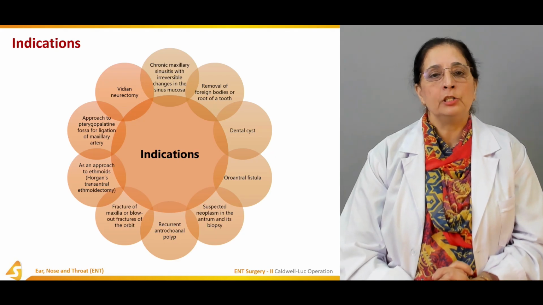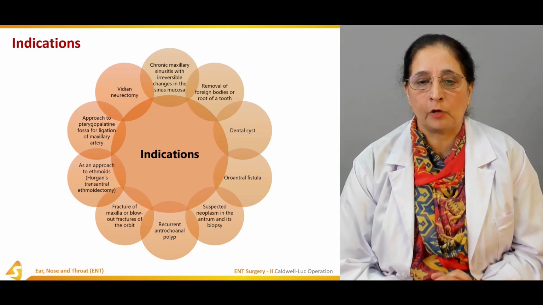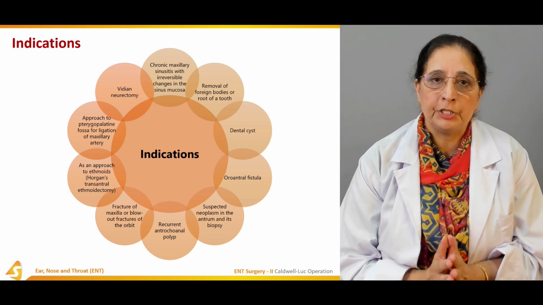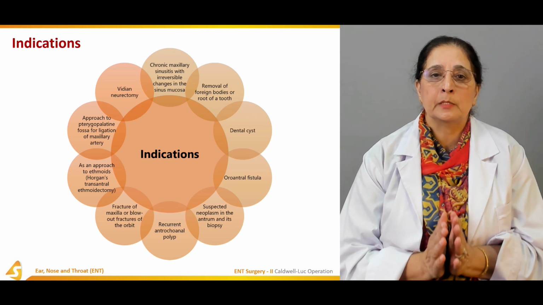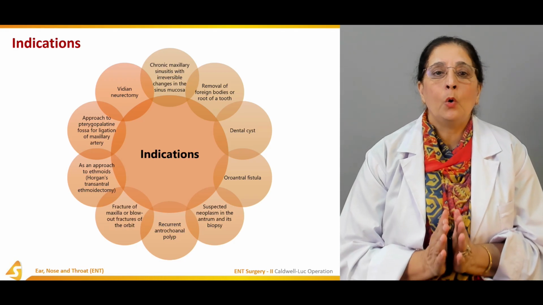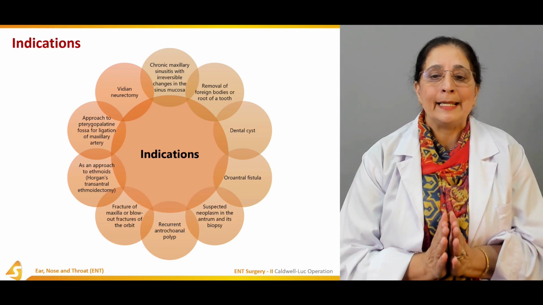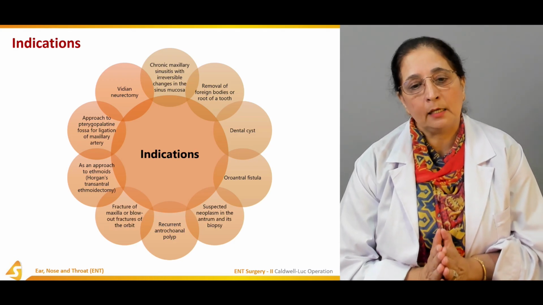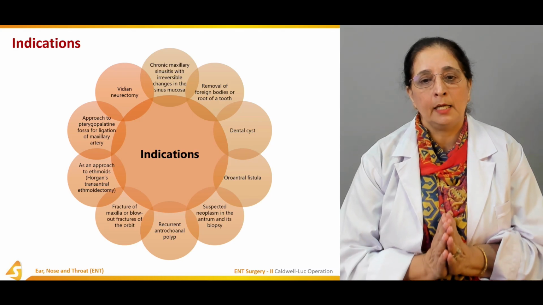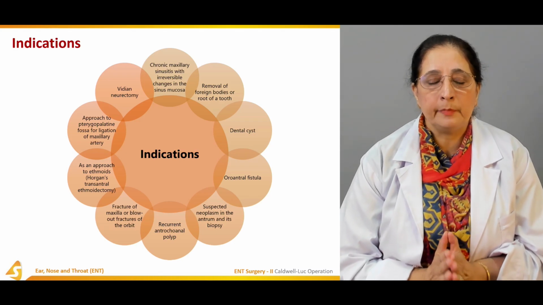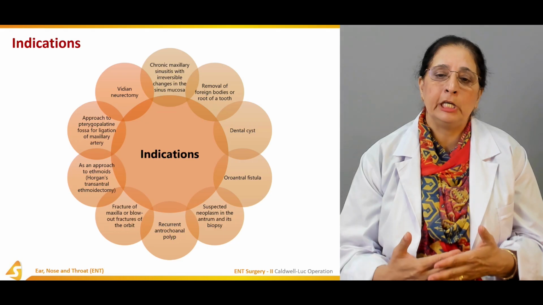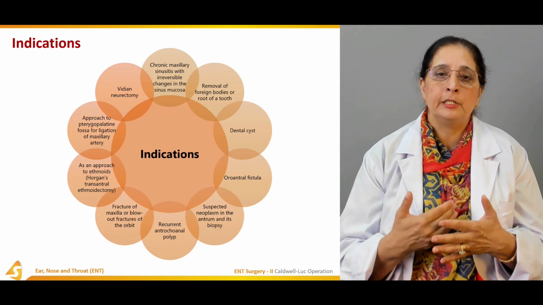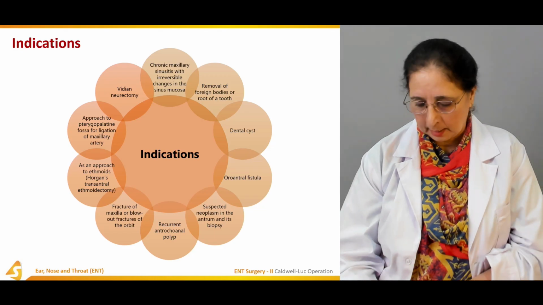So a lot of indications for anterior antrostomy: chronic sinusitis with irreversible changes in sinus mucosa, suspected malignancy, oroantral fistula, dental cysts, fracture of the maxilla or the orbit of the eye, Vidian neurectomy. All these are the indications of the anterior antrostomy, which is through the sublabial route.